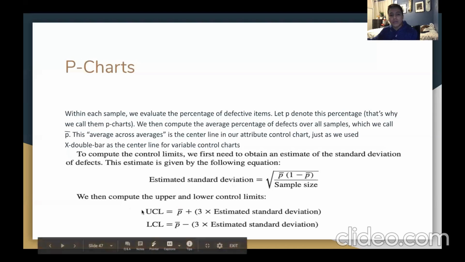In order to compute our upper control limit, we use p-bar plus 3 times our estimated standard deviation. And to calculate the LCL, we get p-bar minus 3 times the estimated standard deviation. Keep in mind that if the LCL is negative, we use 0 instead.